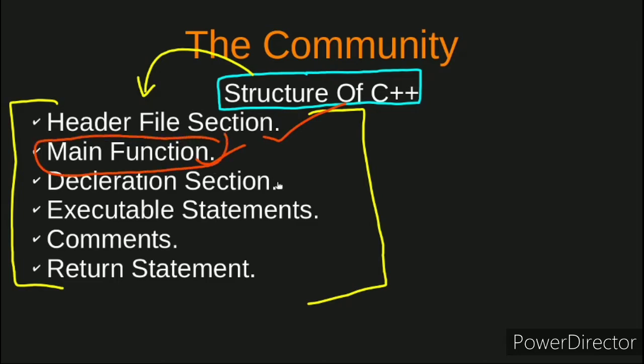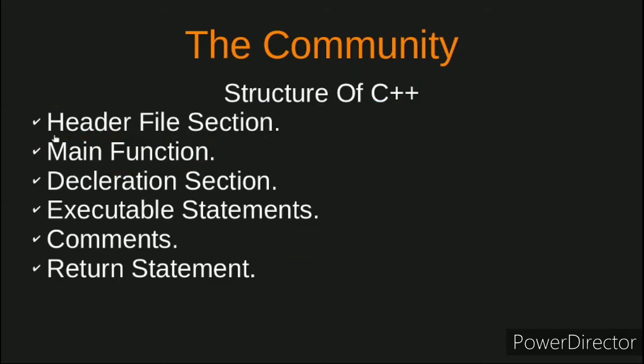Then inside the main function we have something known as the declaration section and the executable section. The comment is something which is optional, but I personally recommend you all to make extensive use of comments as it increases your code readability. And then we have something known as the return statement. Having said that, let us now look at these ingredients one by one, starting with our header file section.